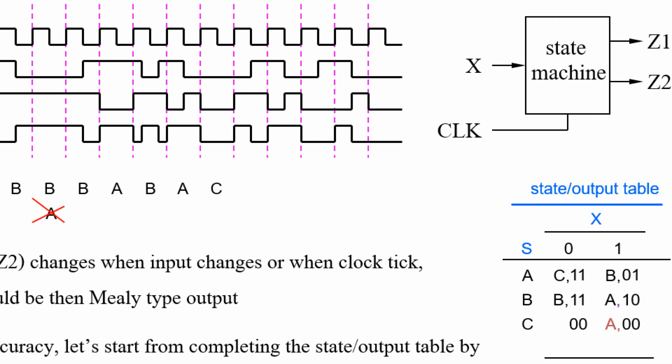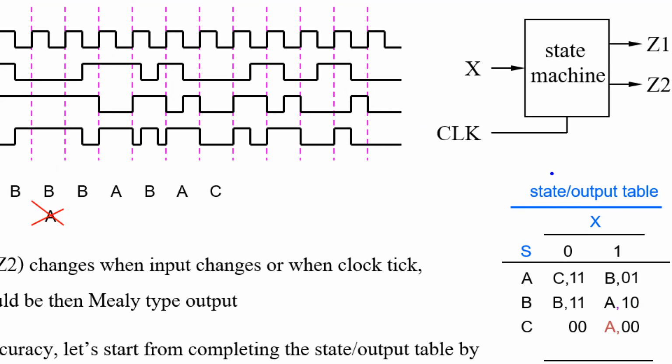And then now I try to complete this condition. And then when clock tick, input x is 0, right? At state C, when clock tick x is 0, it goes to some state. That when x is 0, output is 1, 1.